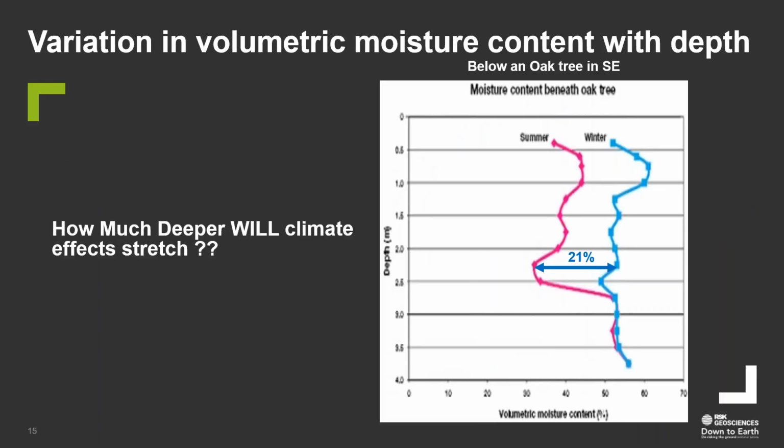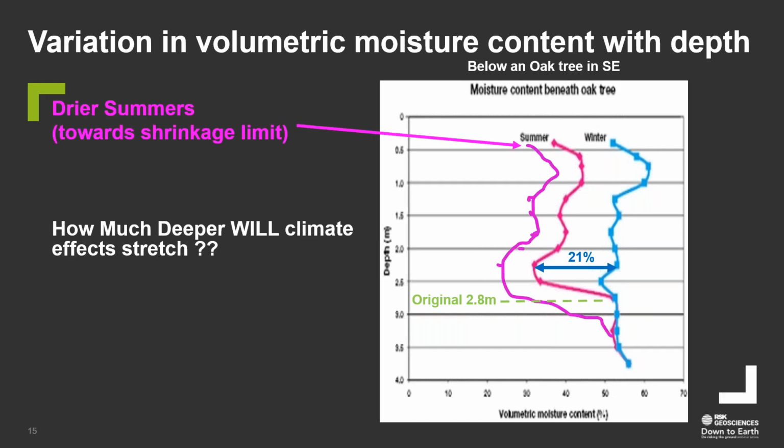So with that in mind, I just looked at this diagram again and I thought, well, how much deeper will we get? And I'm not claiming here at all that this is going to be right. I'm just saying that, in my opinion, we've got an original depth of 2.8 meters here where we've got no variation between the summer and the winter. But in the drier summer, what will the shape be?